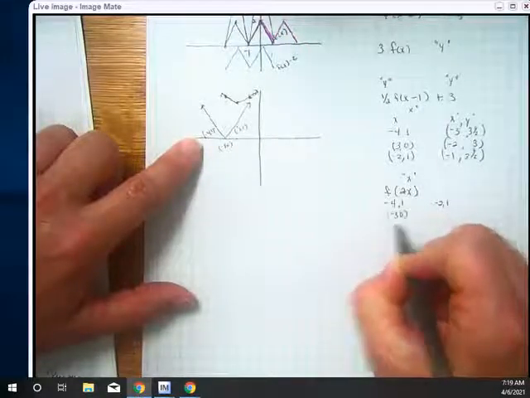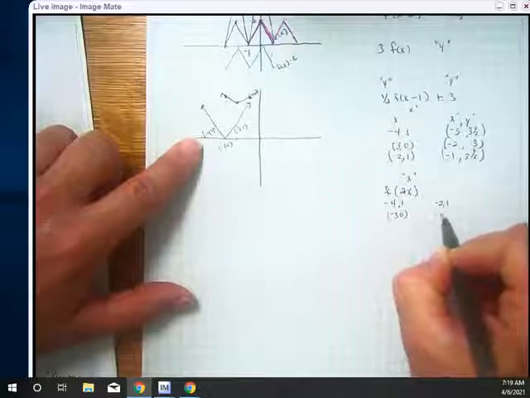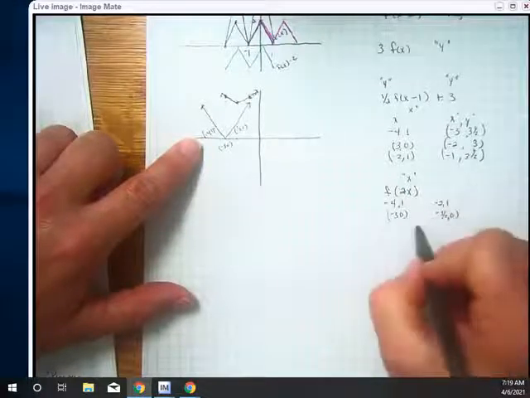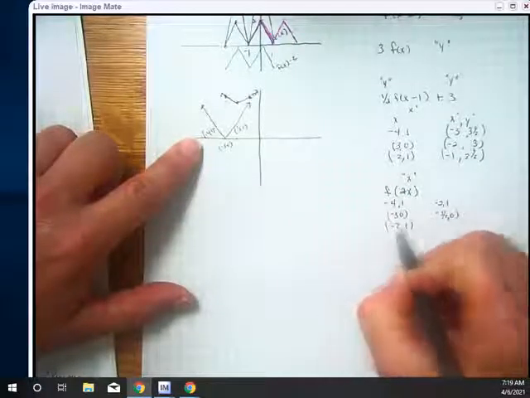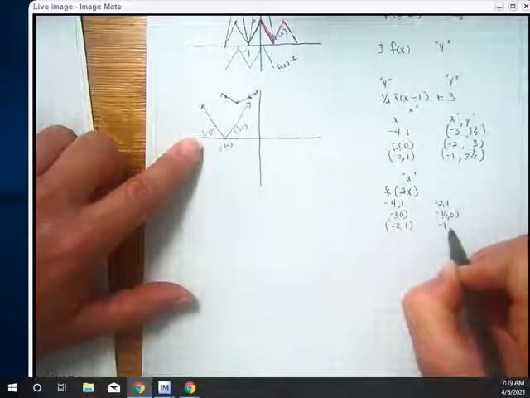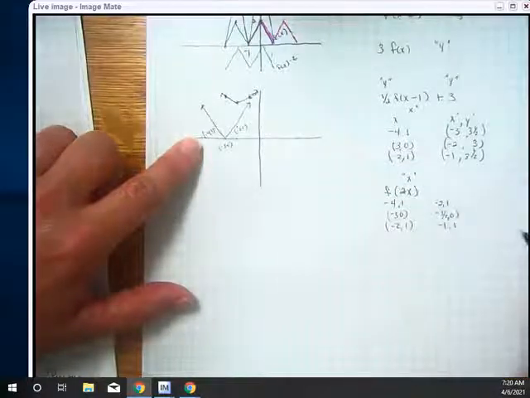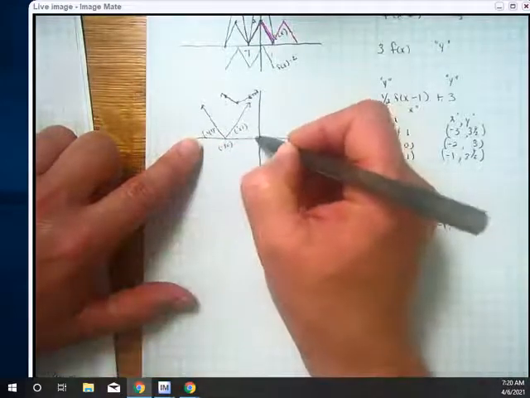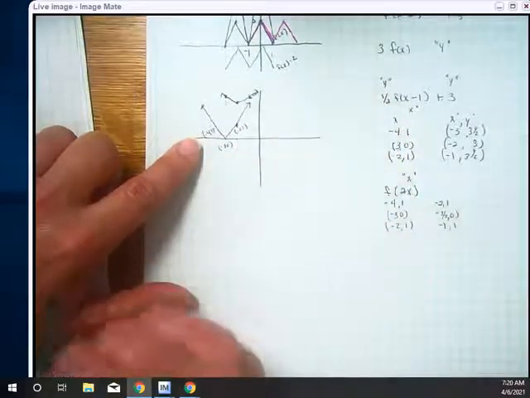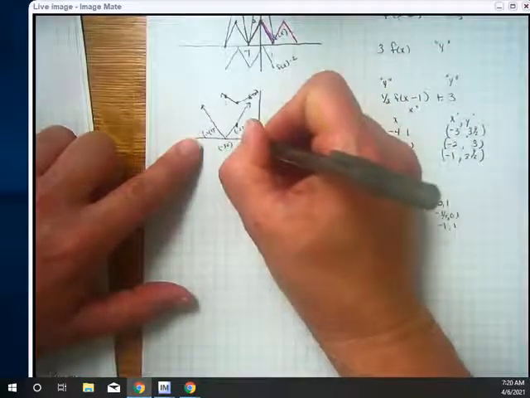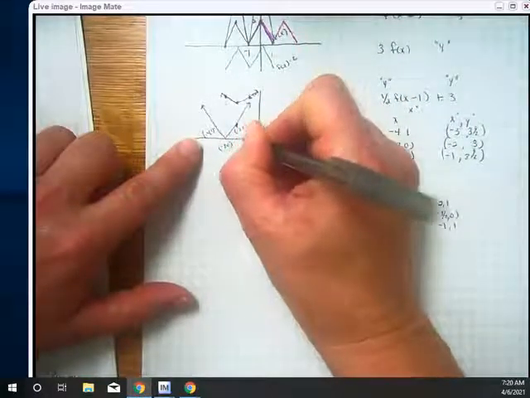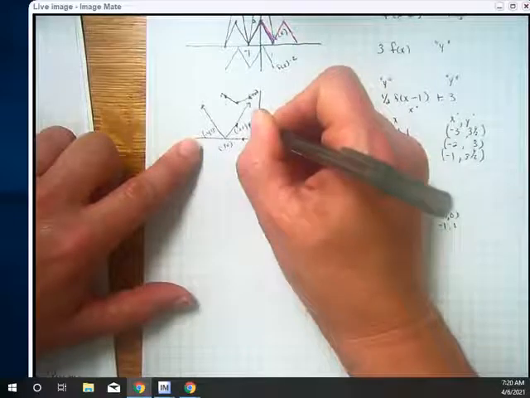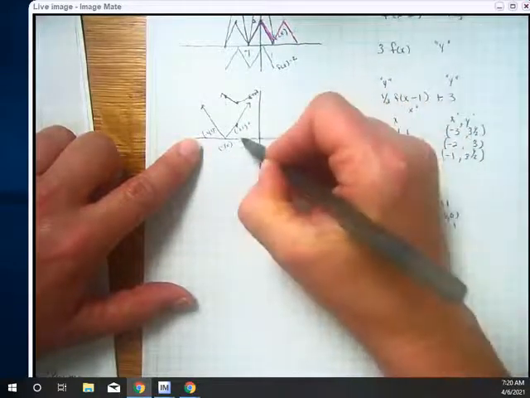Negative 3, 0 becomes negative 3 halves, 0. And the negative 2, 1 becomes negative 1, 1.